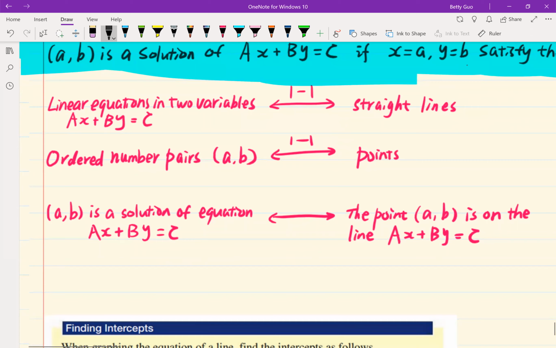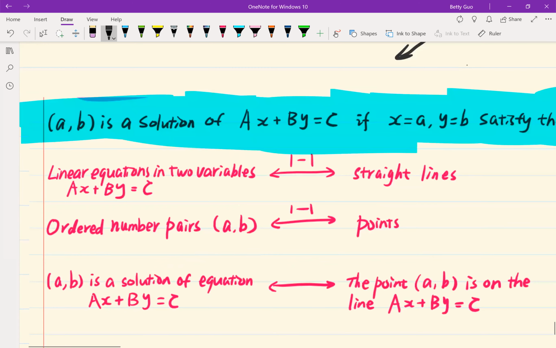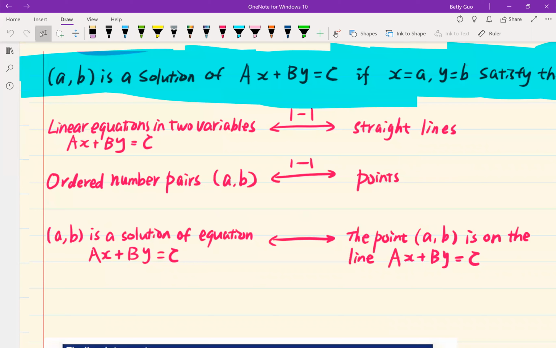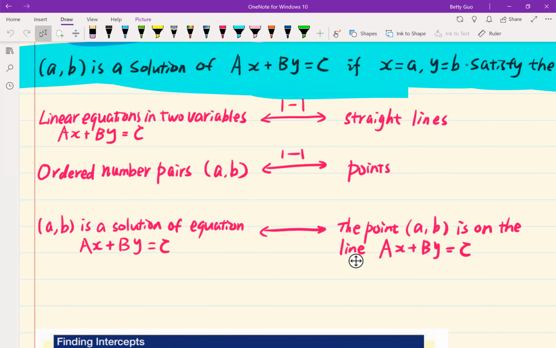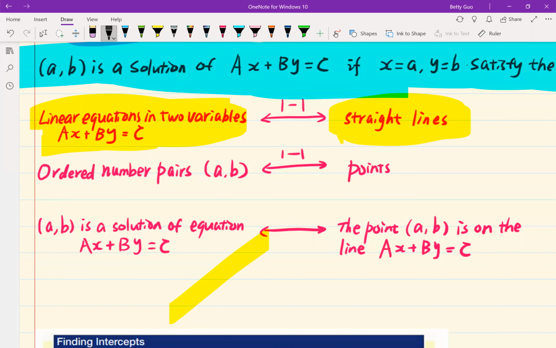We have a one-to-one correspondence between linear equations in two variables and straight lines. What does that mean? It means for any linear equation in two variables, there's one straight line that corresponds to it. Vice versa. For any straight line on the plane, you can draw any lines, right? You can draw a line like this. Hold on.